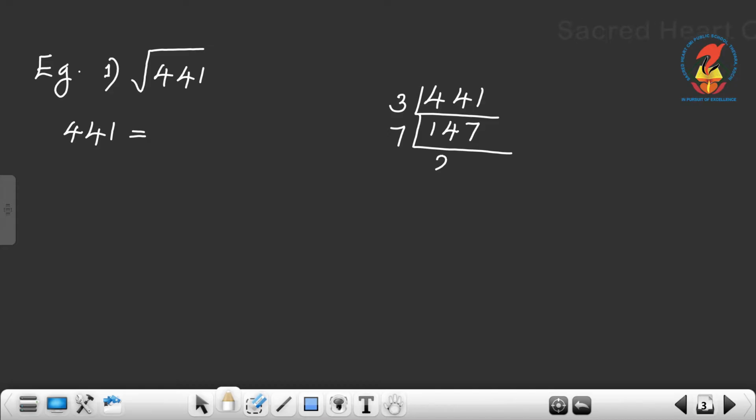So 7 twos are 14, then 7 ones are 7, then again with the 7, then 3, again with the 3, 1. So we will write down the prime factors of 441. We can write all the 3's together, so 3 into 3, then all the 7's together, 7 into 7.